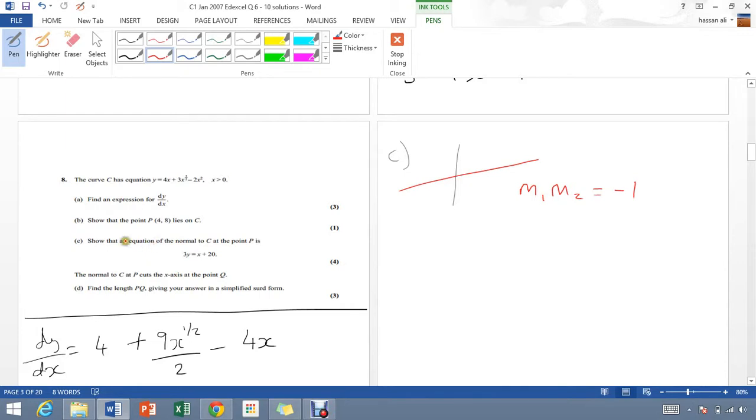So we're saying show that an equation of the normal to C at the point P is 3y equals x plus 20. Again, they're asking you to show. So we go ahead down. Our final answer should look like this: the equation of the normal at P is 3y equals x plus 20, and that's your equation. So therefore y minus y1 equals m times x minus x1.